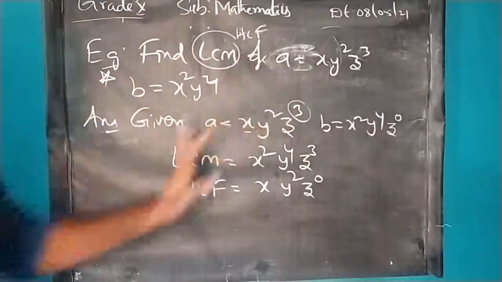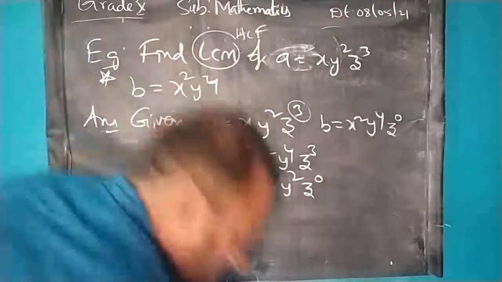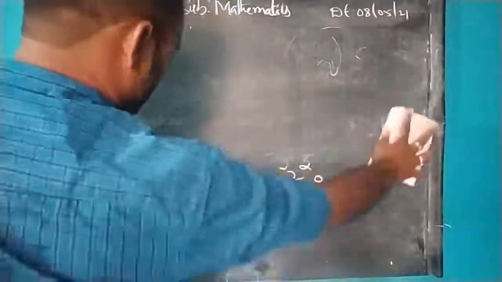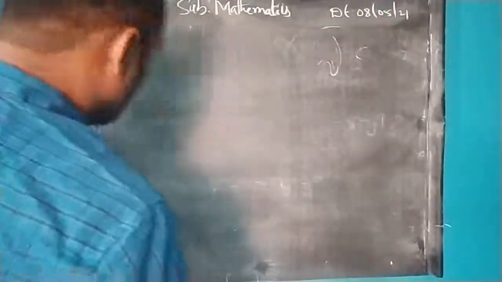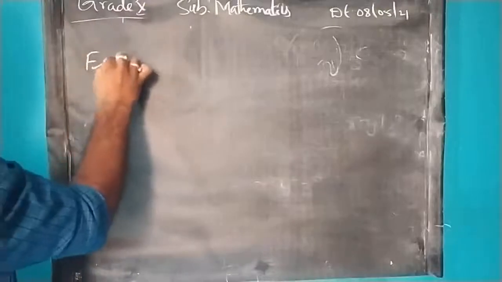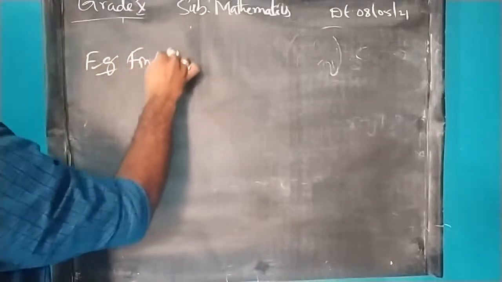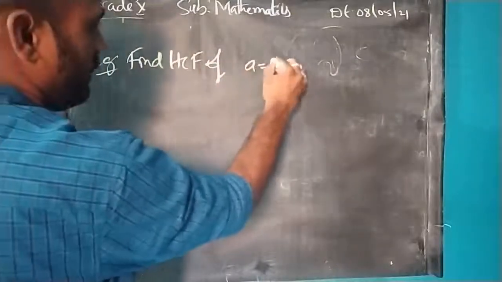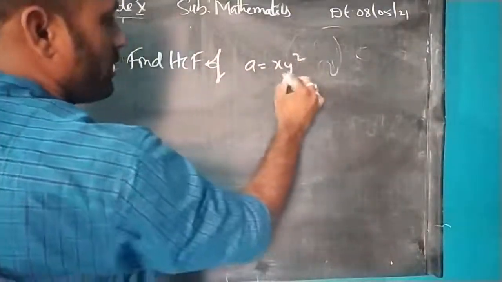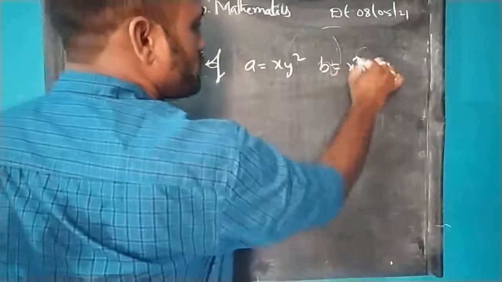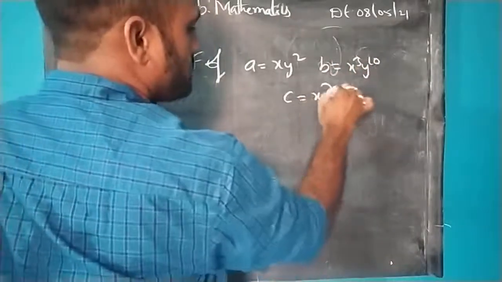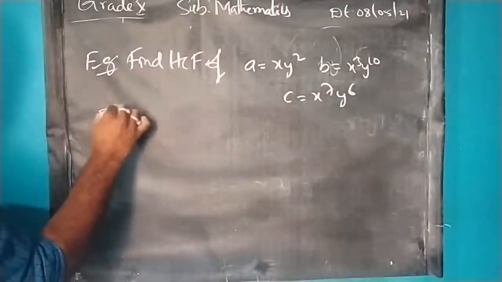So variables. Now let us suppose we change the question to 3 variables. Find the HCF of a is equals to xy square, b is equals to x cube y power 10, c is equals to x power 7 y power 6. So how to find the HCF?